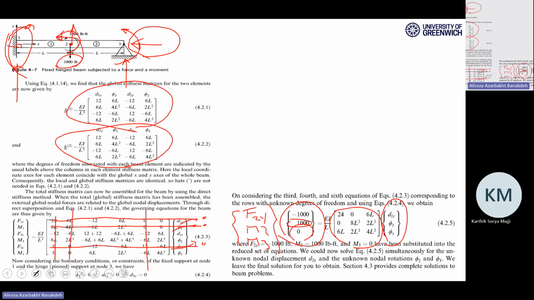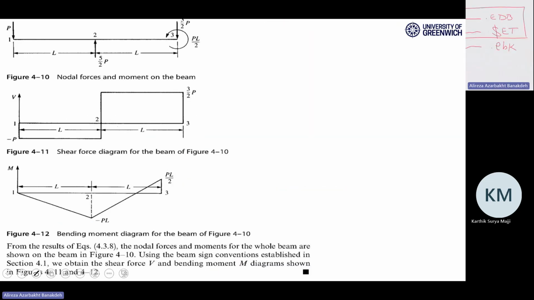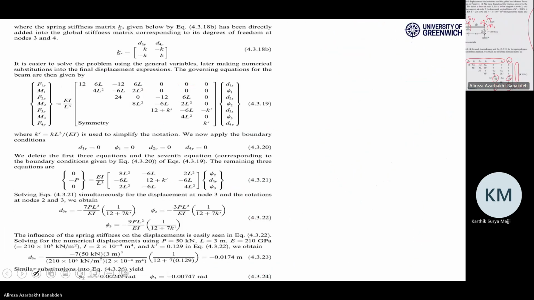The individual stiffness matrix is like this: EI over L cubed times something. For example, the first element is 12 EI over L cubed, right? Can you keep this in your mind? This is the first one, okay? Let's go to our example.